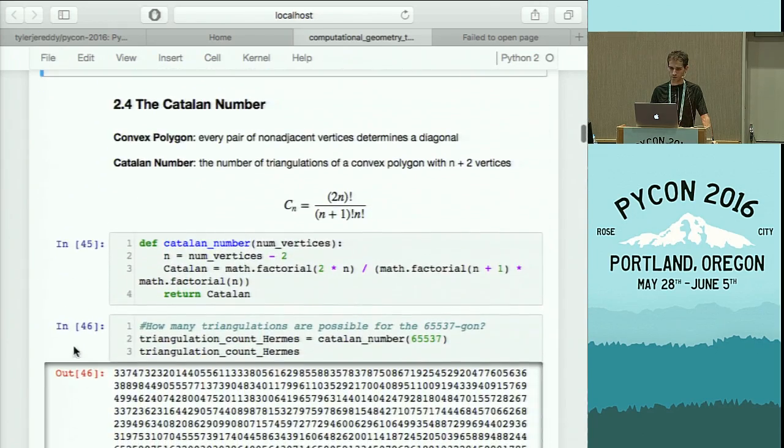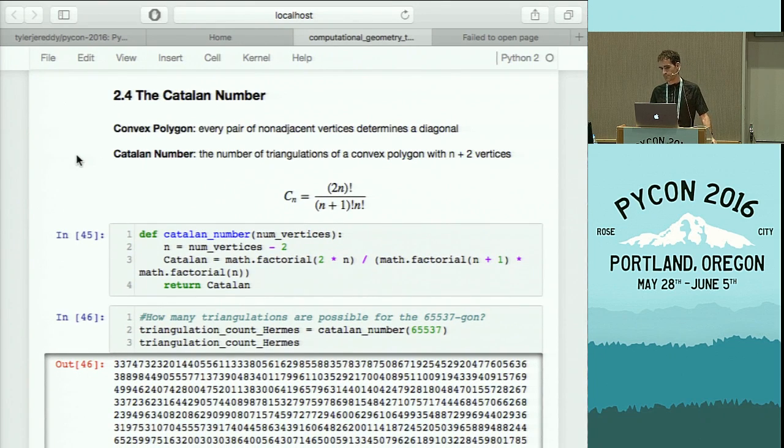So it turns out that there is an equation for figuring out exactly how many triangulations there are for a convex polygon. And the textbook provides a definition for the convex polygon. I think it's something, again, that for the most part you know when you see it. But effectively, every pair of non-adjacent vertices has a diagonal, or all of the non-adjacent vertices can see each other.